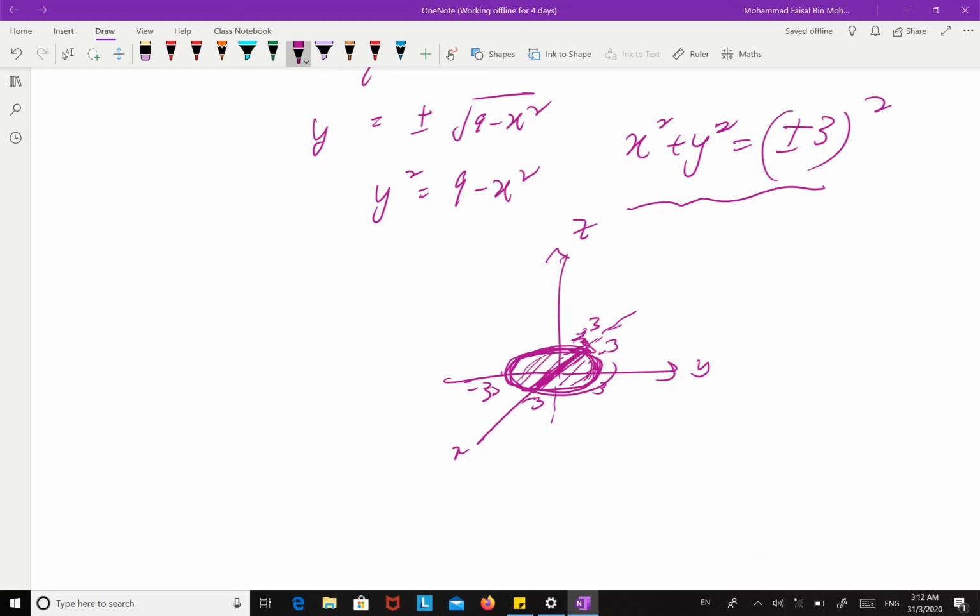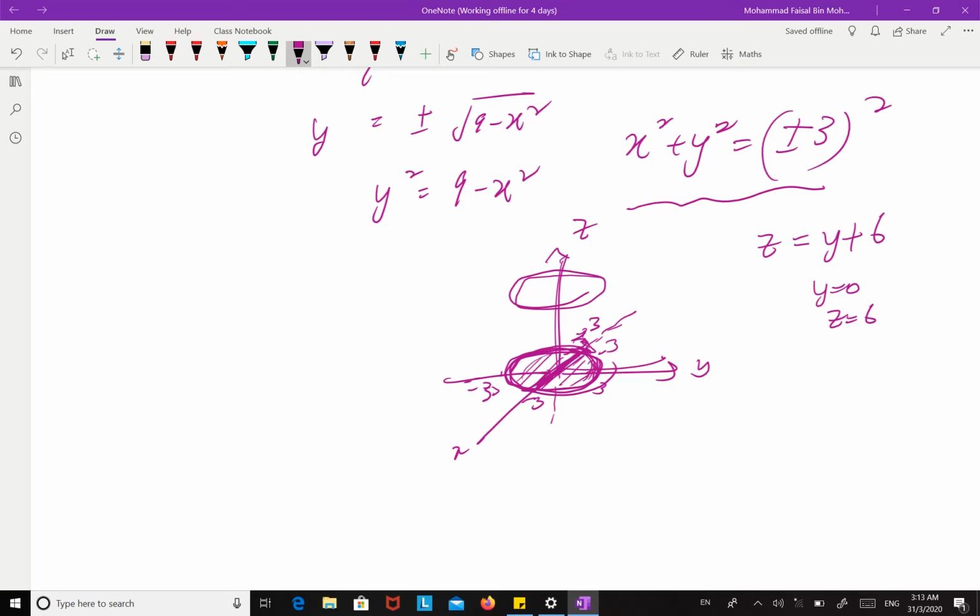Now it is projected to the same axis, but we have z equals y plus 6. Okay, now it is the z-y plane. So when y is 0, z equals 6.